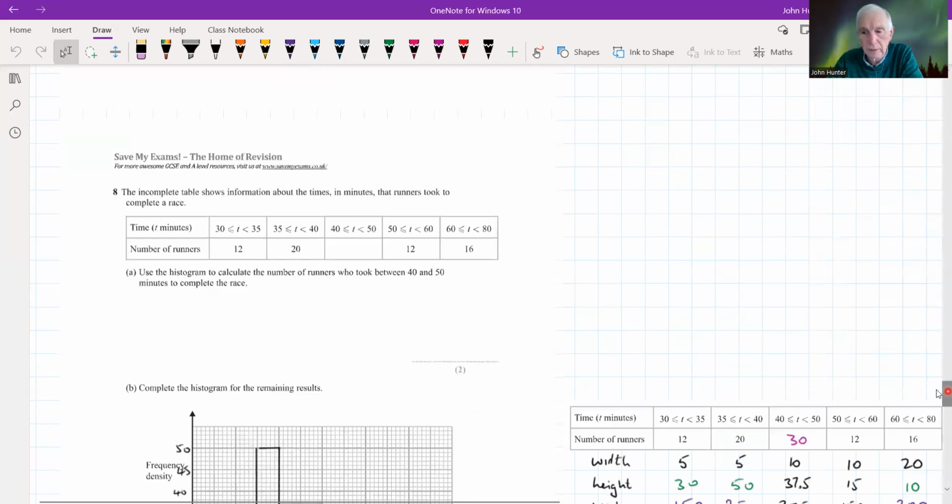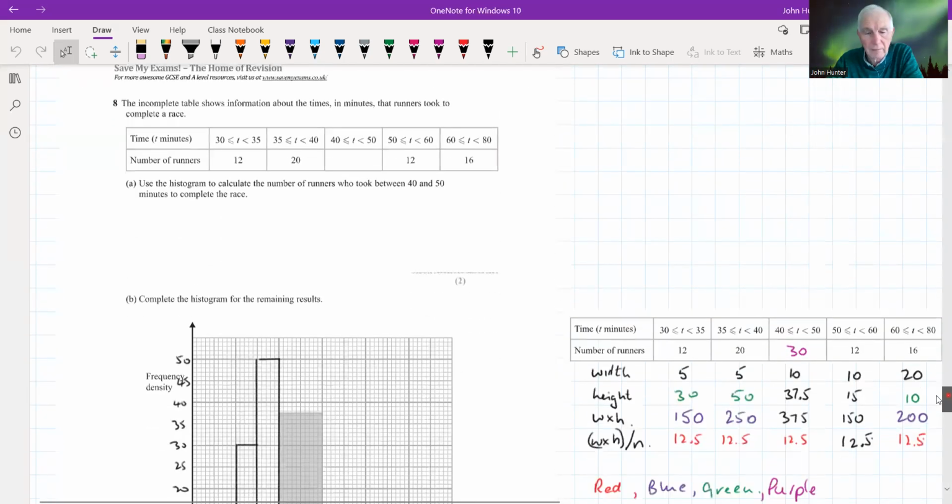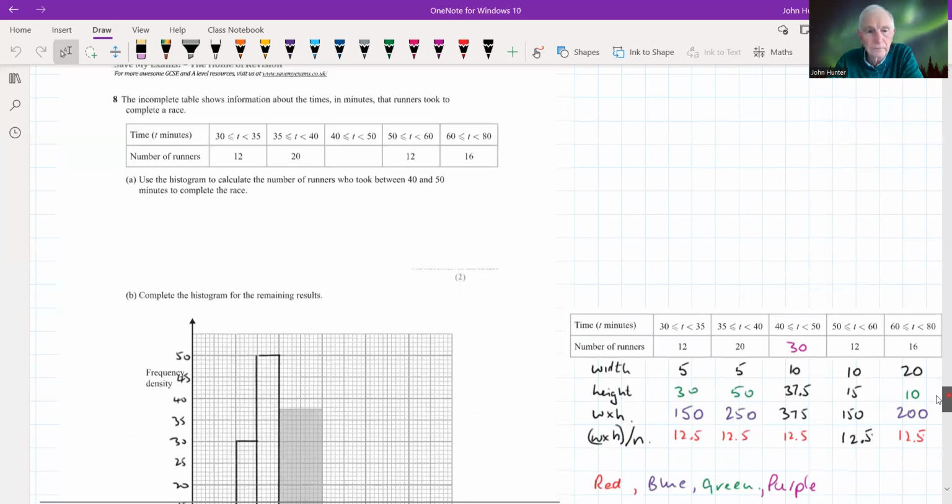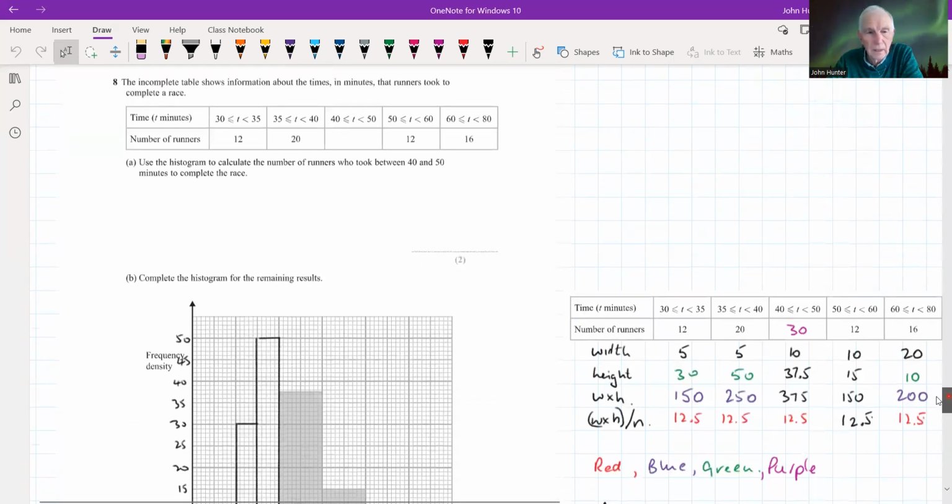Okay, now this one is a frequency density chart. The incomplete table shows information about time in minutes that runners took to complete a race. It's got these class intervals here, and the number of runners in each of those.